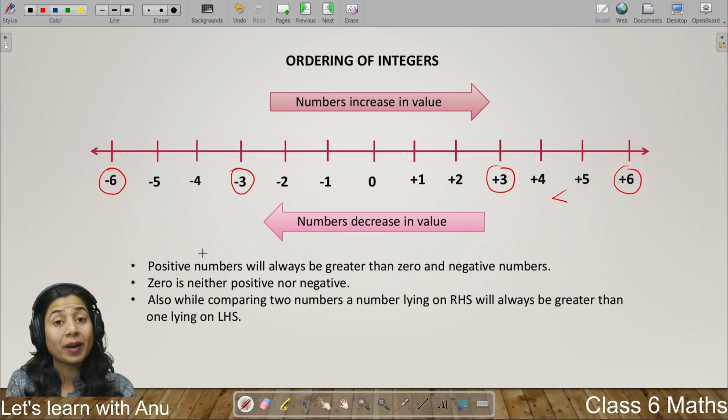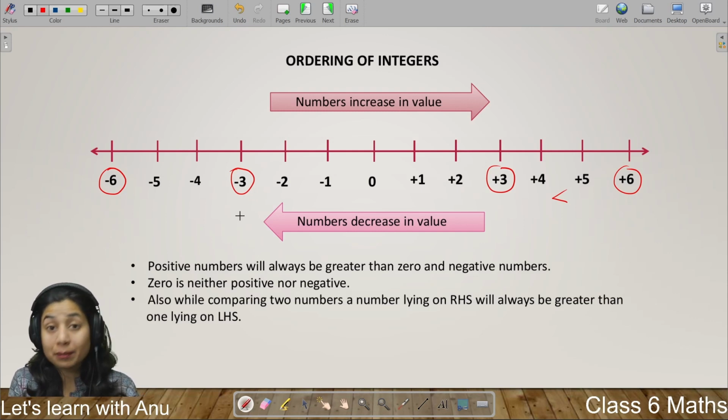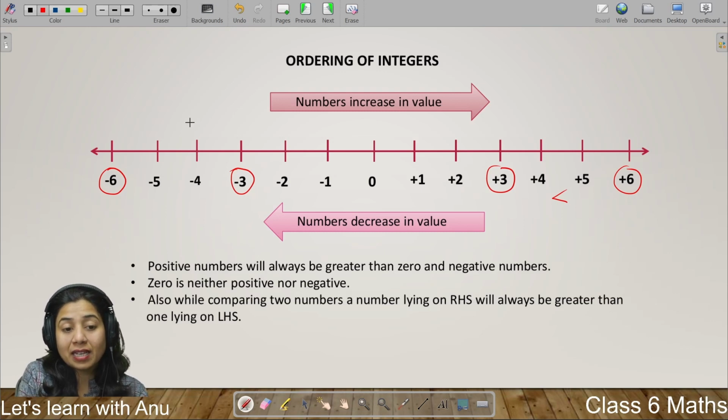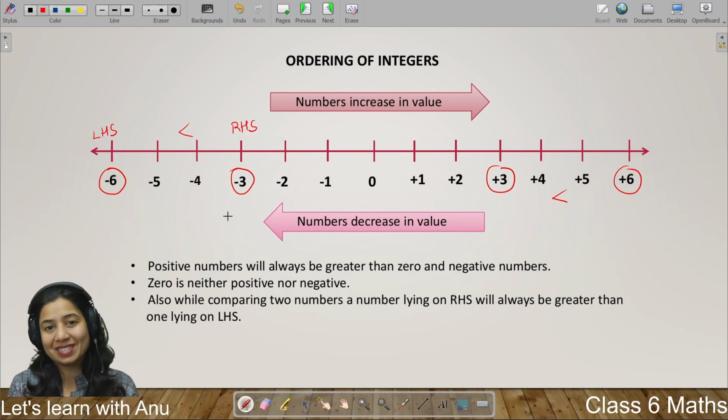At one point, you might think that minus 6 is greater, but no, minus 6 is smaller, because if we see it on the number line, minus 3 is lying on the right hand side as compared to minus 6, right? So minus 3 is greater than minus 6. I hope everyone is clear about it.